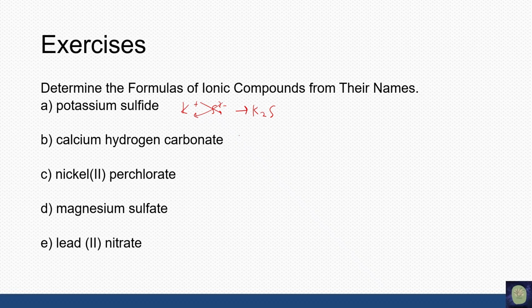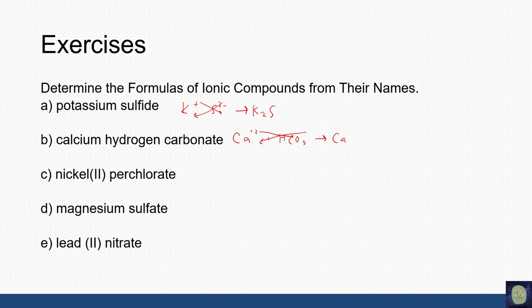Next, we have calcium hydrogen carbonate. So you write the calcium, which is positive 2. Now your hydrogen carbonate is HCO3 negative. Okay, that's your anion. So when you do the crisscross, since this is only one, the calcium would have no subscript.